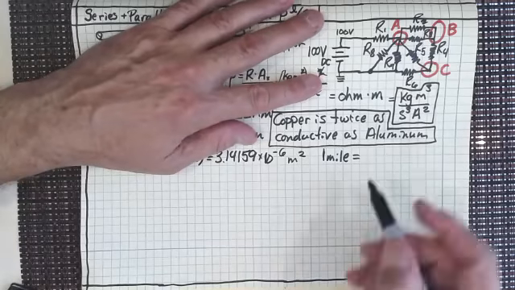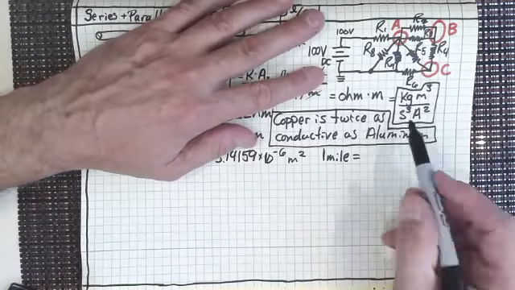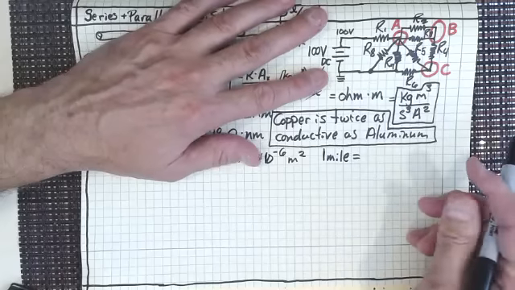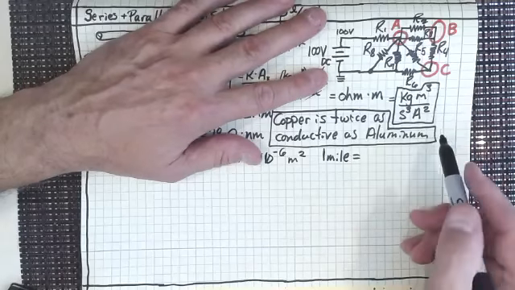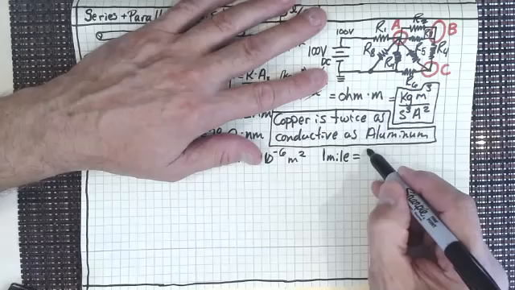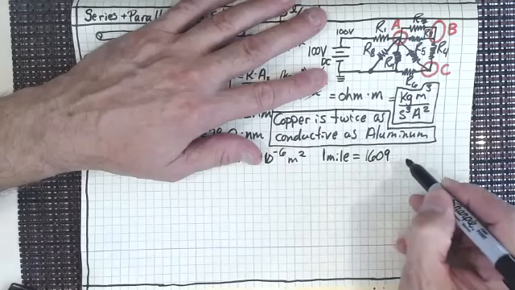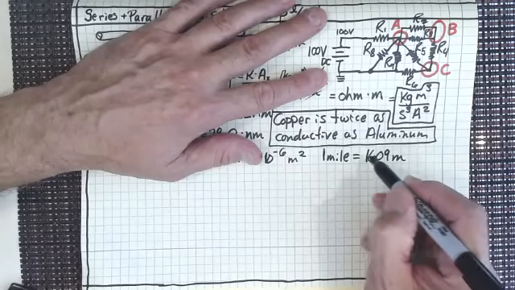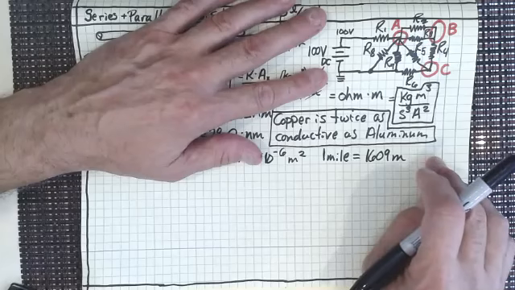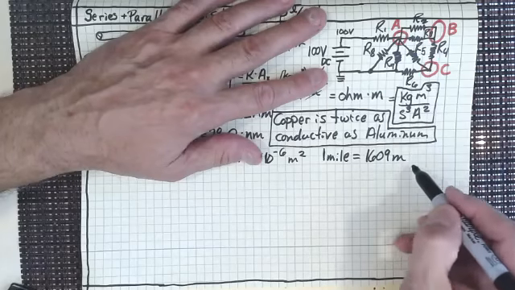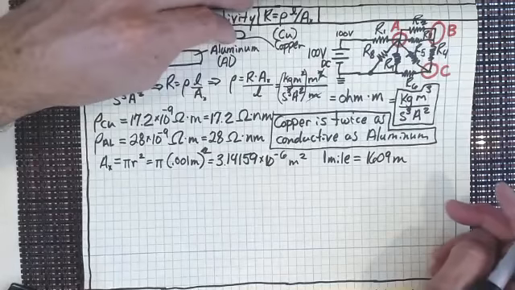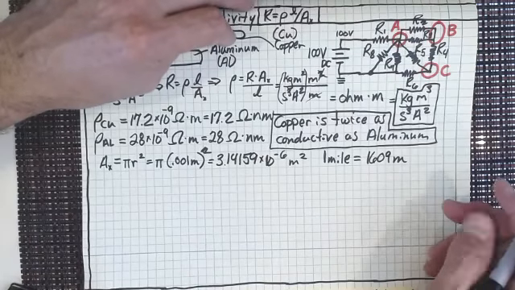I thought we were using SI. That's right, but you know, we exist in America, so it's 1 mile. So how many meters would that be? That's 1,609 meters, isn't it? 1.609 kilometers. So 1,609 meters. So that's my length.